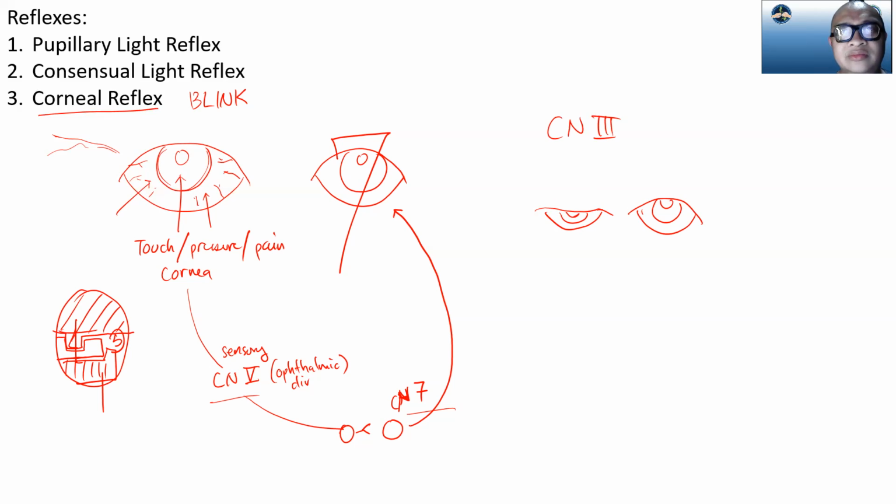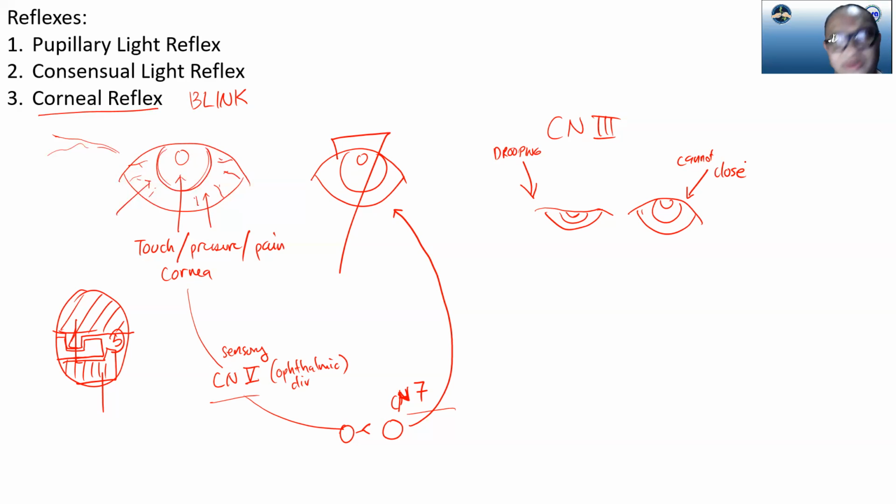So that's just by observation. You're already theorizing why one eyelid is drooping. There are only two possibilities, whether this eyelid is drooping or this eyelid cannot close.